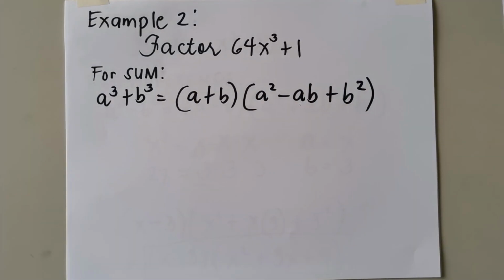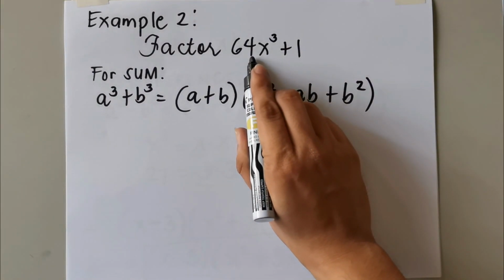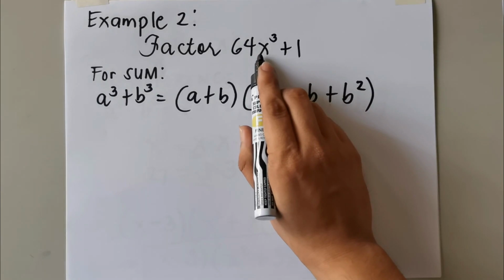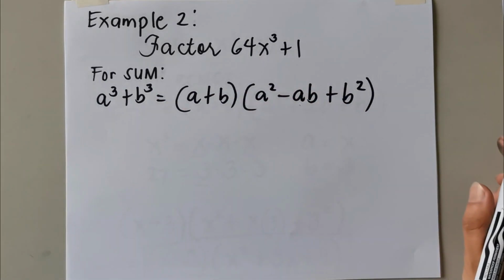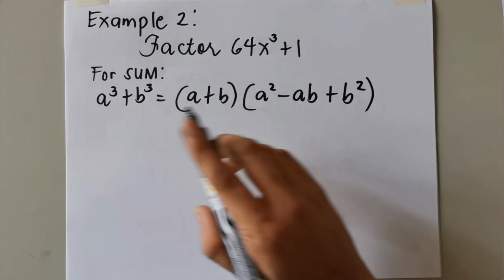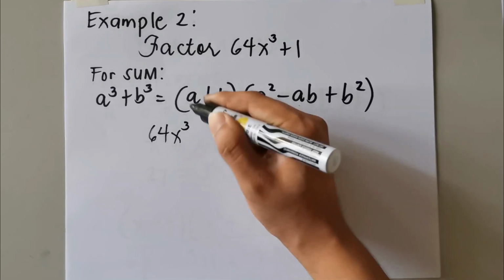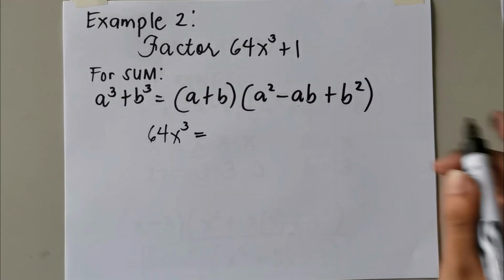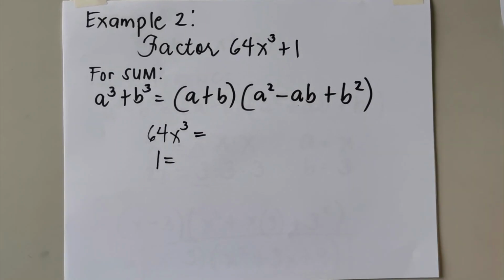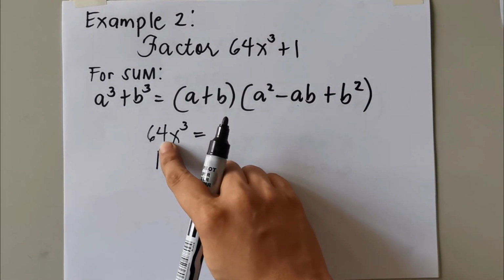Just like what we did on the first example, we will have to get the cube root first of 64x cubed representing a cubed, and then we'll also get the cube root of 1 representing b cubed. So let's do that. 64x cubed and 1. As you have noticed, we have a numerical coefficient here, 64.